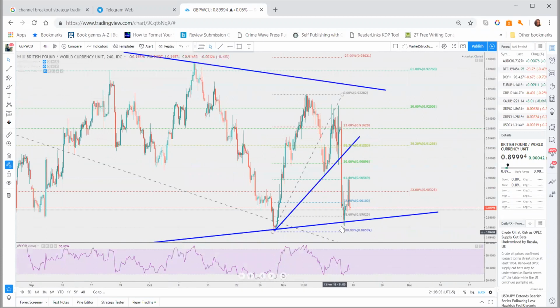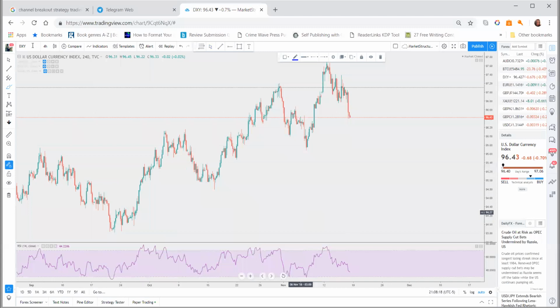In my opinion, I was expecting this. At the start of the week, it was up here. I was expecting it to drop. And when it got here, I looked for my reversal. And on DXY, I was looking for a reversal from the upside.